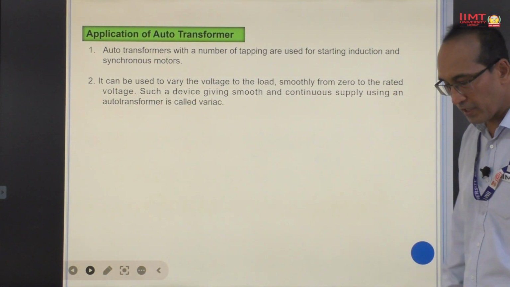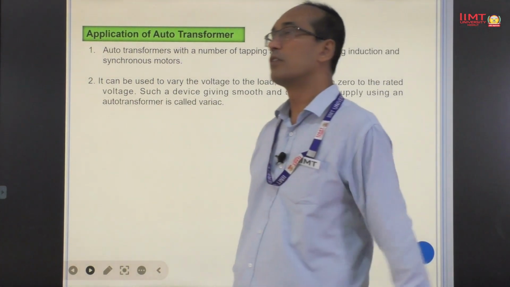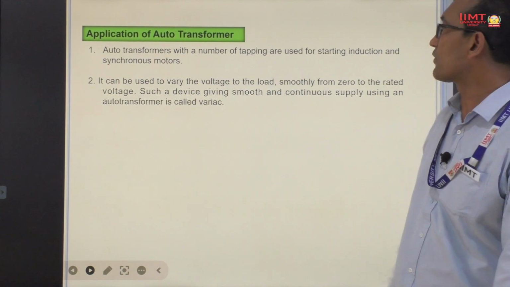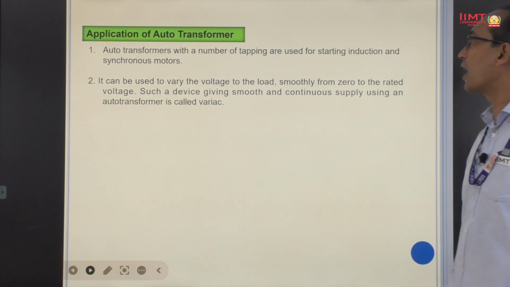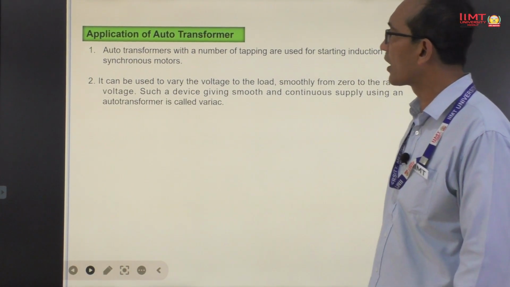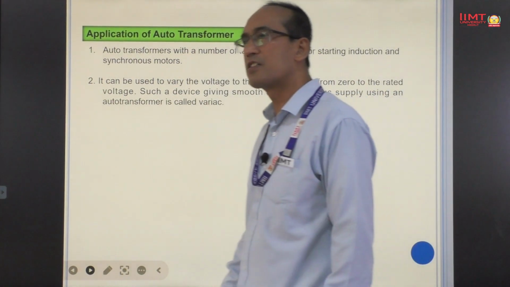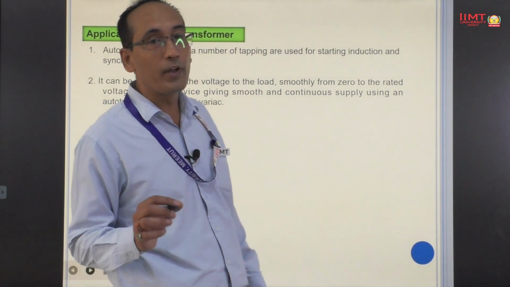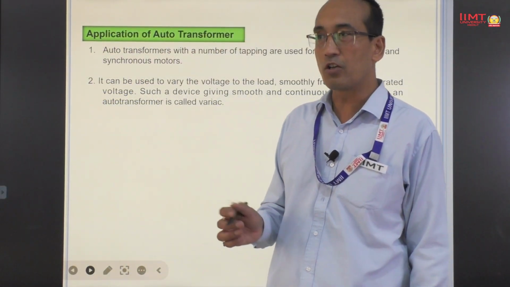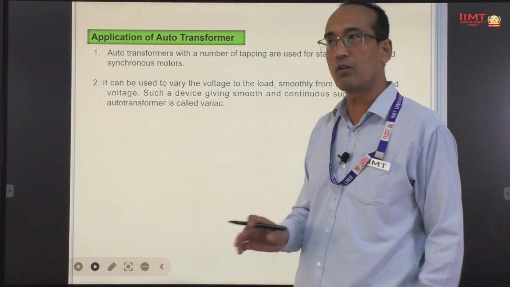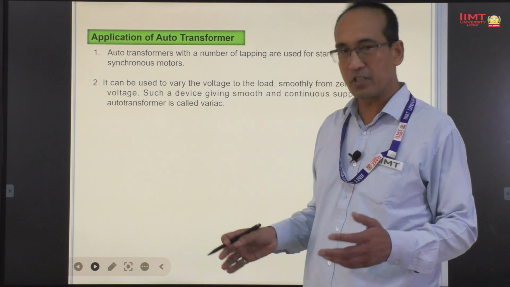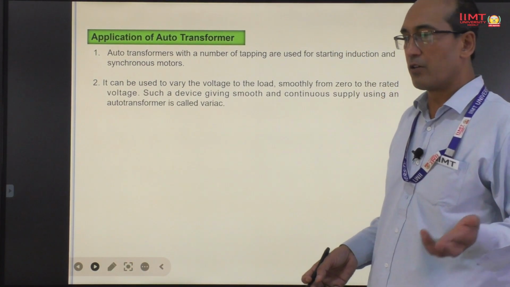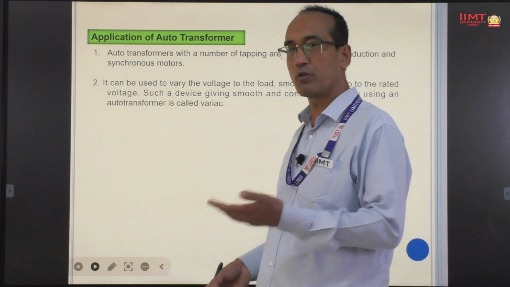And the usage of single phase auto transformer, or applications of auto transformer, we can say auto transformer with a number of tappings is used for starting induction motor and synchronous motor, because in such cases we require very smooth variation of voltage. In case of a two winding transformer, or we can say the tap changing transformer, we have voltage taps in terms of like 5 volt, 10 volt, 15 volt, 20 volt, 25 like that.